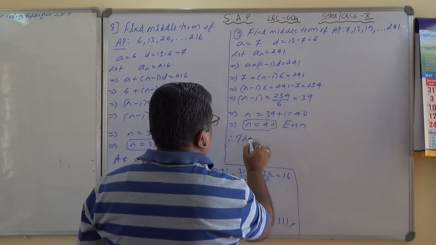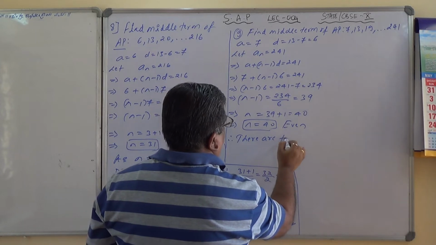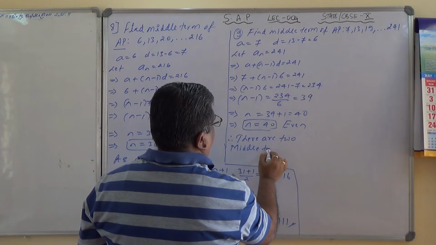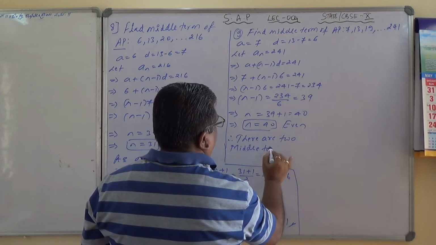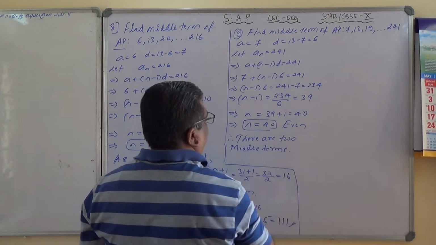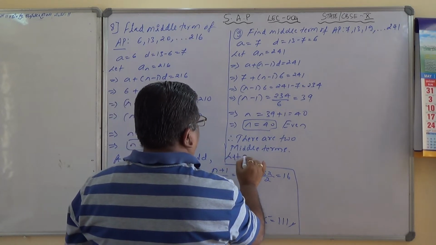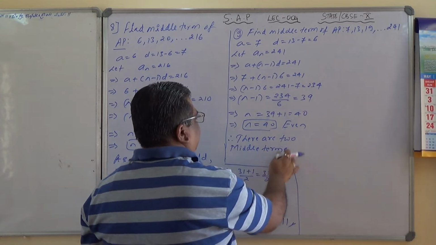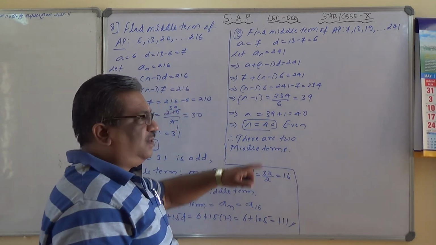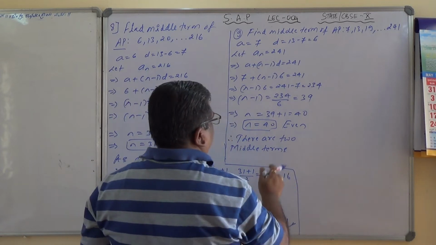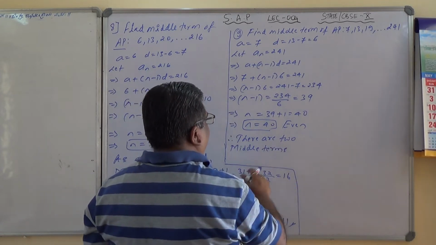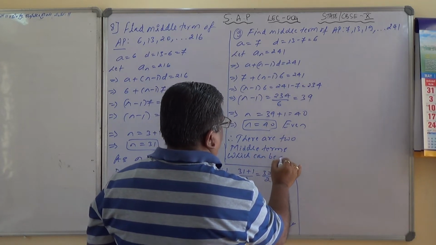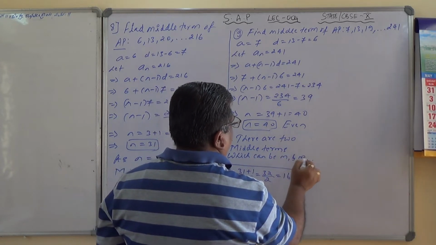Therefore there are two middle terms. I will consider those terms as M1 and M2. Did you understand? Let there be two middle terms, which I will write as M1 and M2.